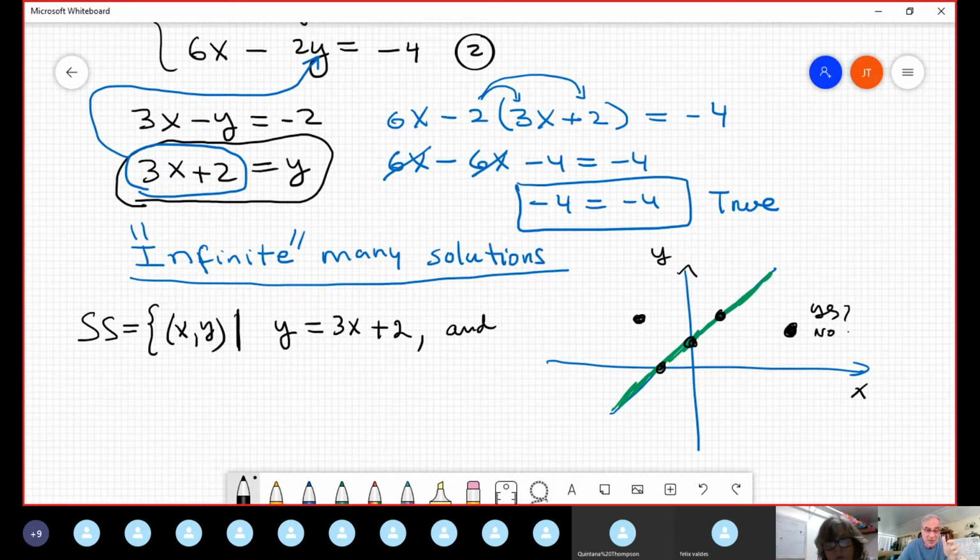You can assign an arbitrary number. X is totally free, for example. And y no, because y must be matching with this equation. So you represent like that. Look, you represent the solution set as y equal 3x plus 2 and x is all real numbers.